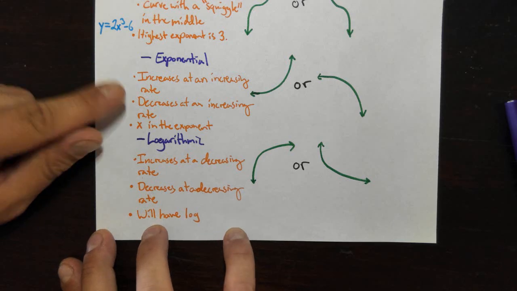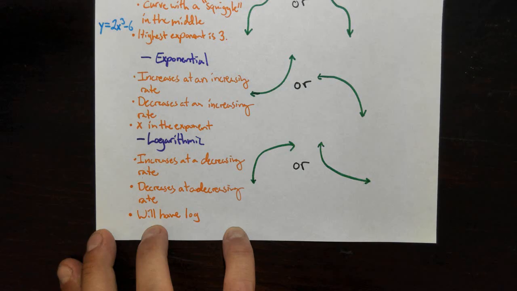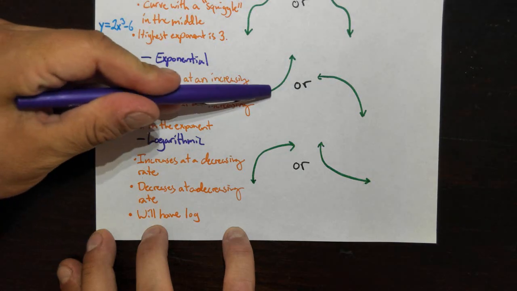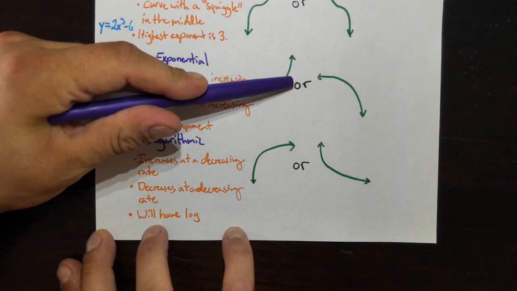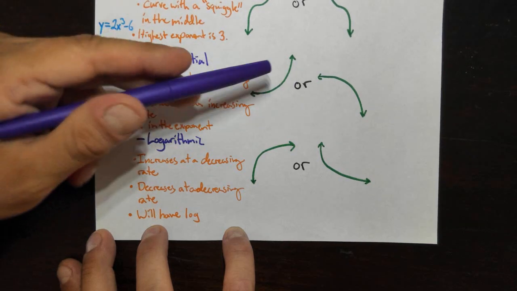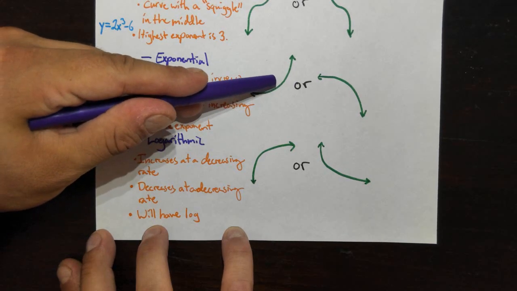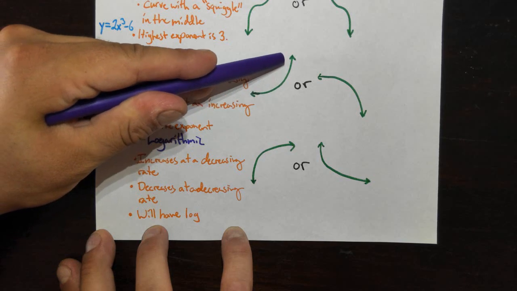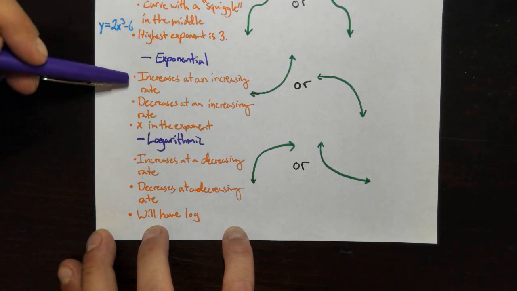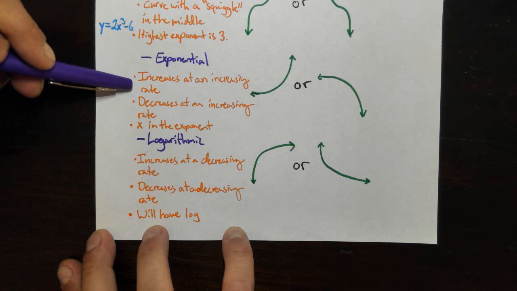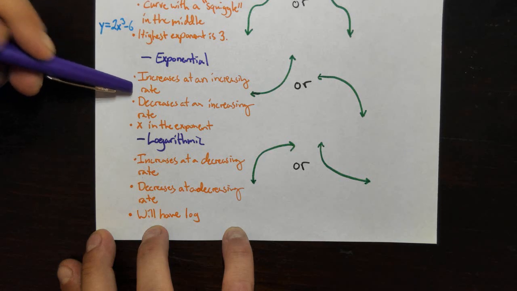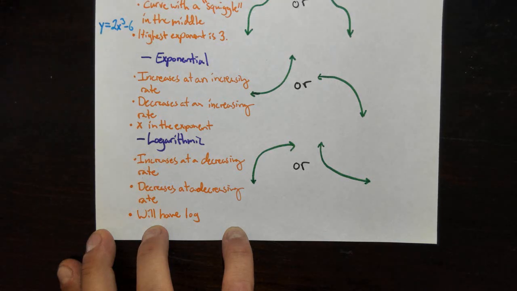So what do I mean by that? When we look at the graph, reading from left to right, notice how it's increasing but slowly increasing, and then as we go higher, it increases quicker and quicker and quicker.